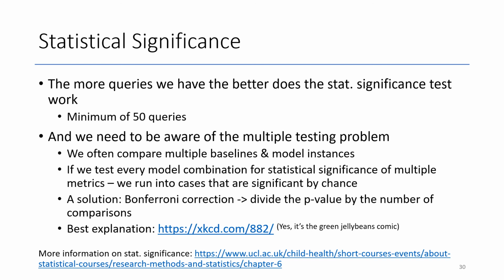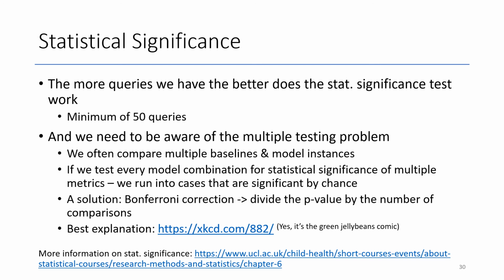A solution to this multiple testing problem is the so-called Bonferroni correction, where simply speaking we divide the p-value by the number of comparisons that we do, which often creates a very small p-value.